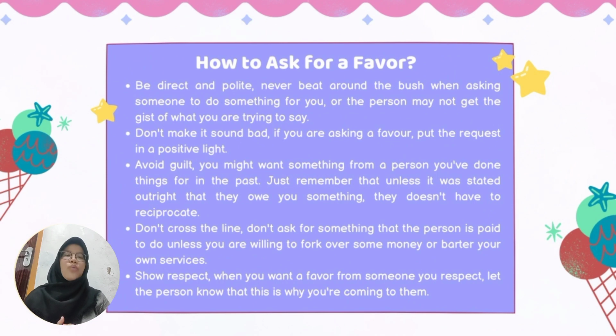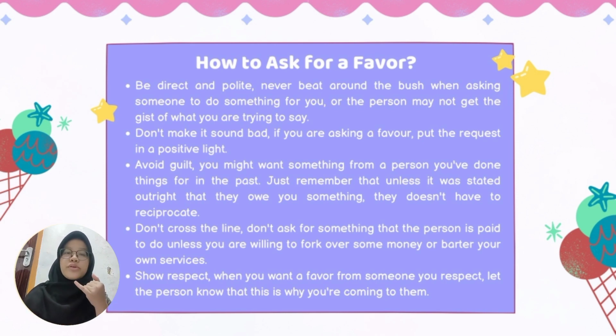The next matter that I would like to explain is how to ask for a favor in the right way. So everyone, be careful when you ask a favor. First one, you have to be direct and be polite. The situation that can explain this statement is when you need to go to the store to buy something and your baby is still sleeping in your room.